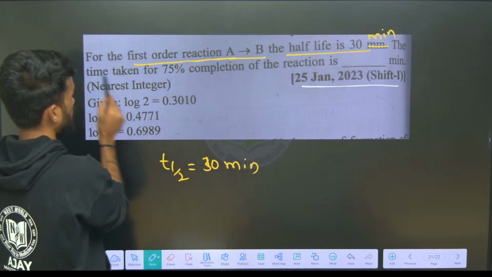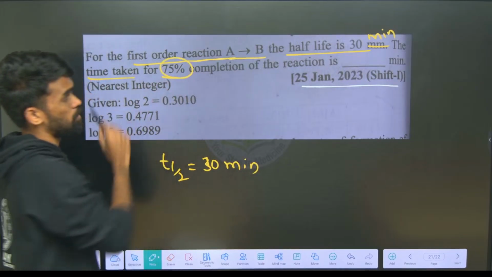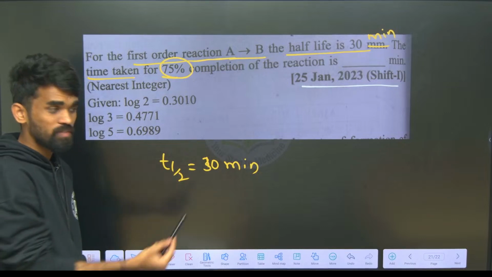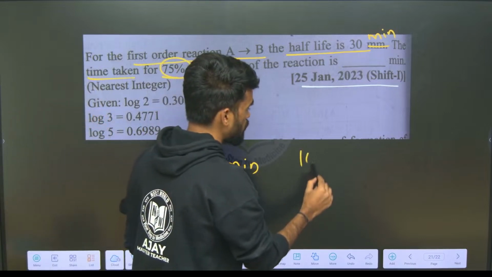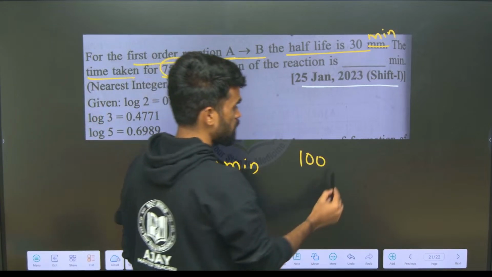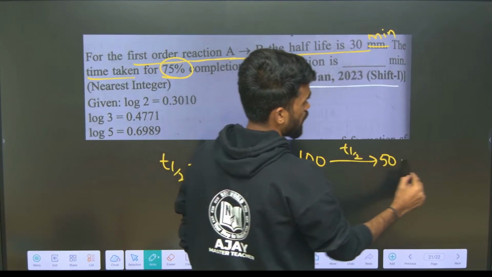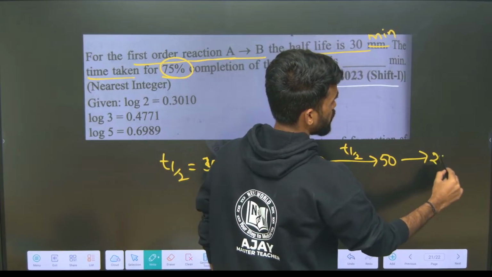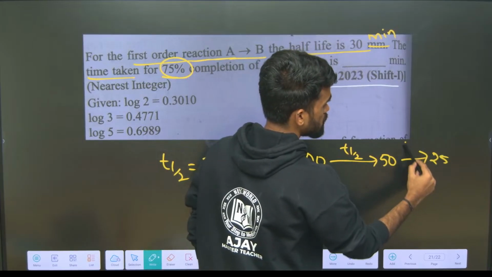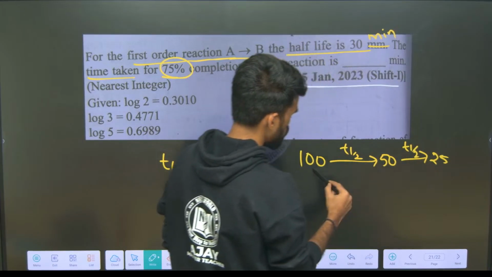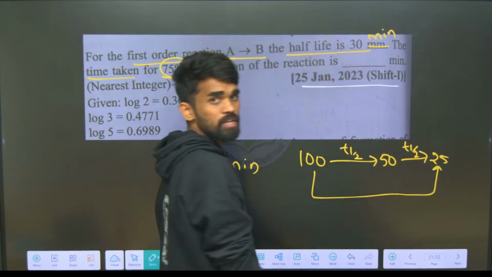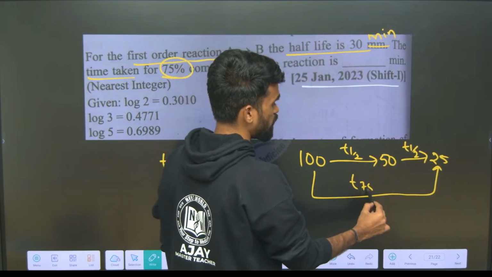The time taken for 75% completion. See, just now I have given in the last slide. If 100% concentration of A is there, then time required for 50% is 1 T half. Again 50 becoming 25 means this is again one more T half. So from 100 to 25, this is nothing but 75% completion now.